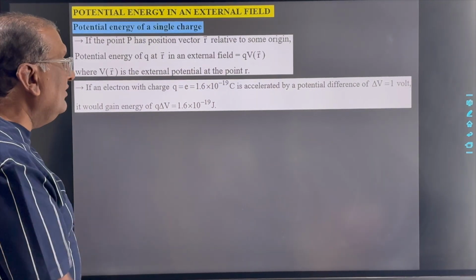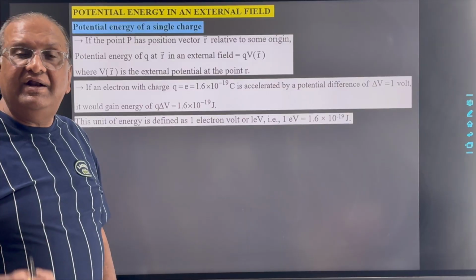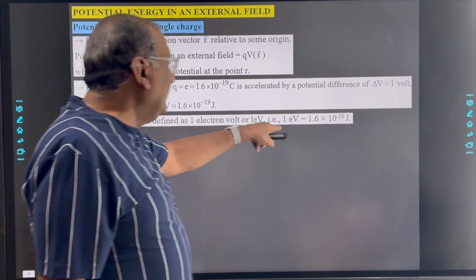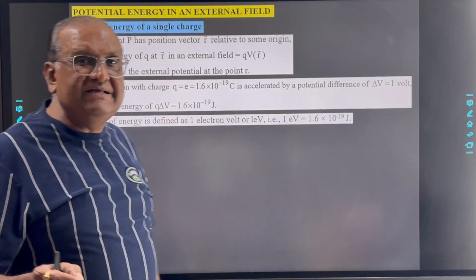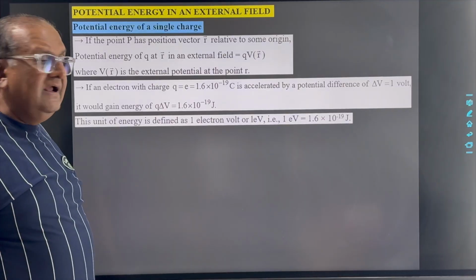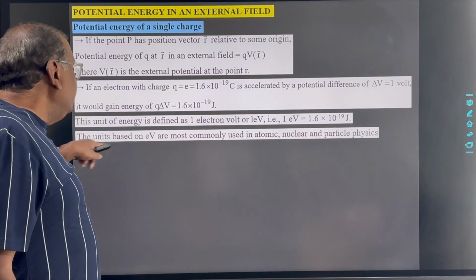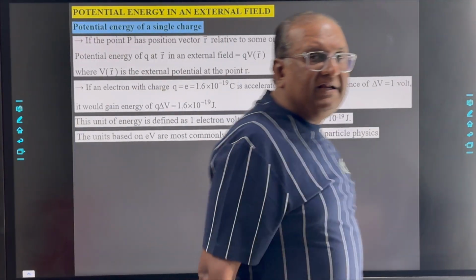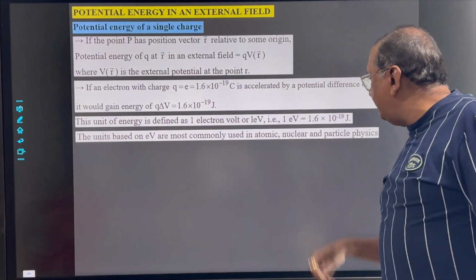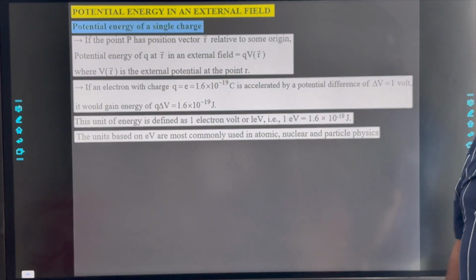And this particular energy is called 1 electron volt energy. So 1 electron volt is 1.6 into 10 raised to minus 19 joule. Clear? And this unit, electron volt, is most commonly used in atomic, nuclear and particle physics.